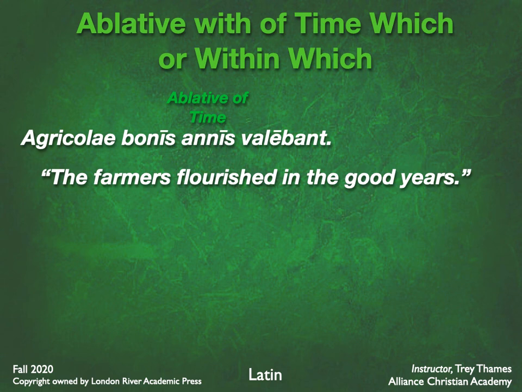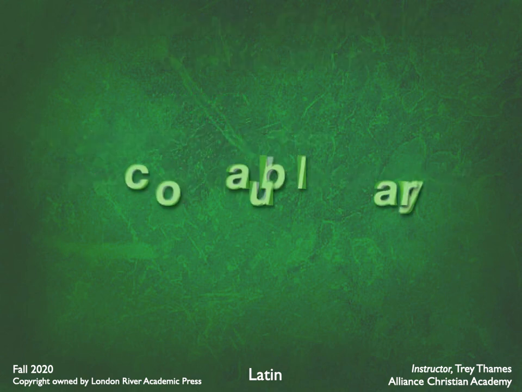Well, that is a time reference, right? It's in the ablative case, so it's an ablative of time. There's no preposition in front of it, so we have to supply a preposition. In this case, we say in. And of course, it's got the adjective bonis in front of it, so it's good years. The farmers flourished in the good years. That's an ablative of time.